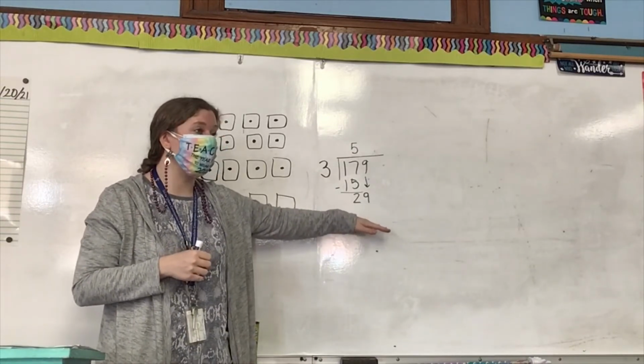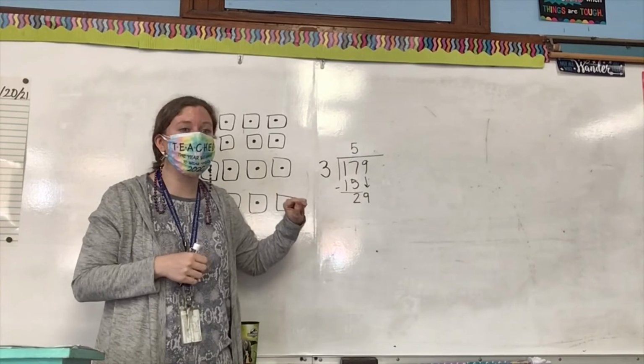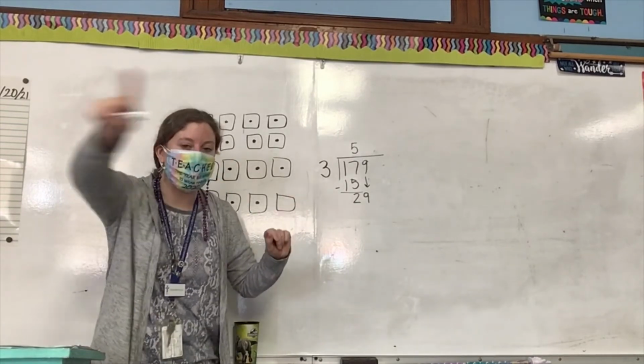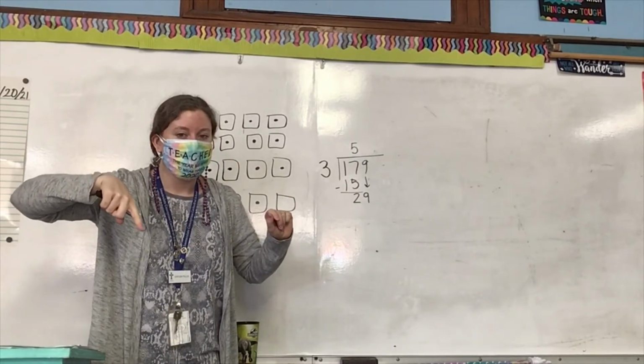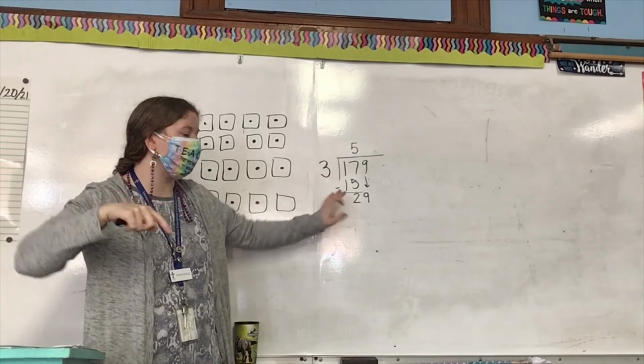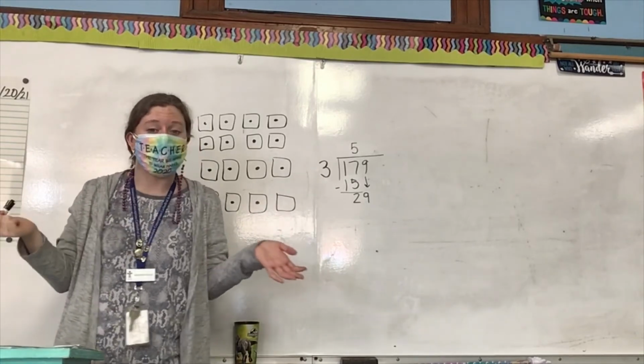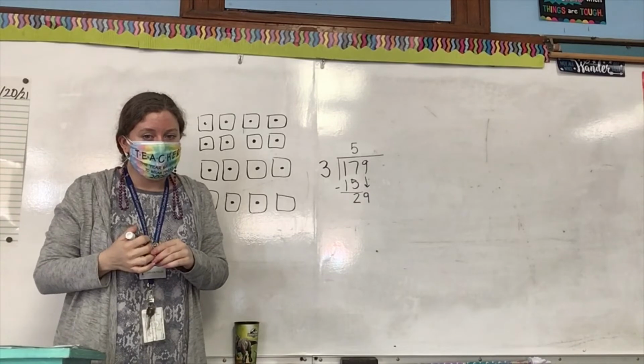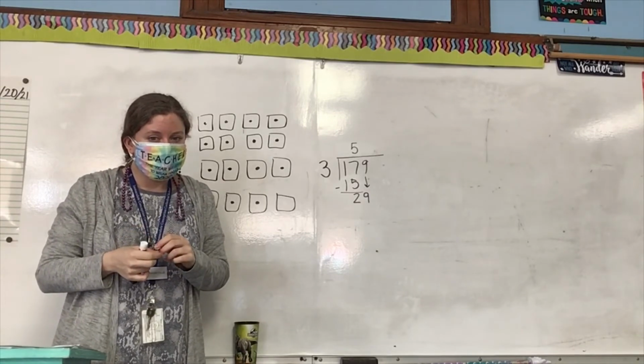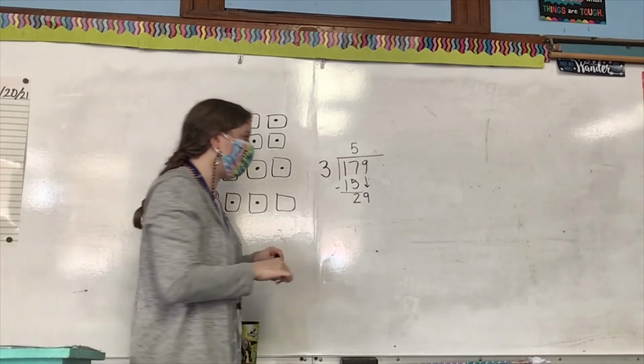At this point, the answer to our subtraction is more than our divisor, which means Michaela didn't go around enough. So how many times, Michaela, does 3 go into 29? It has to be more than 7. 9 times. Let's try that.